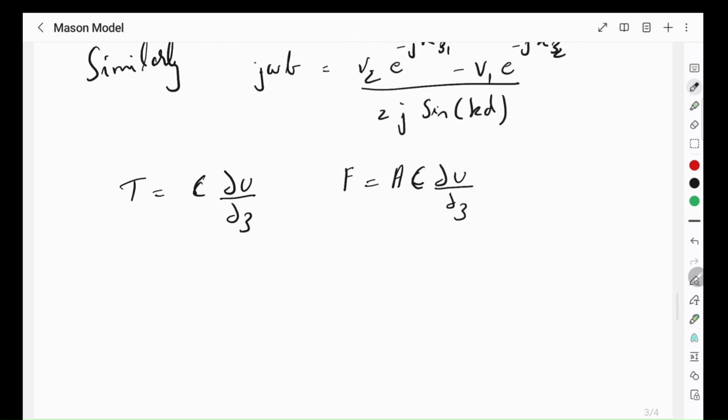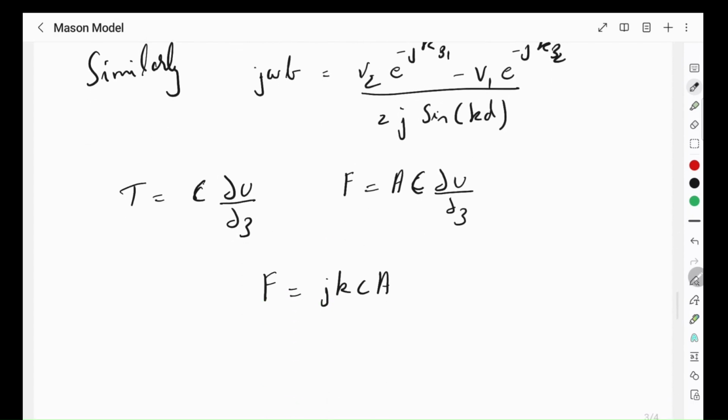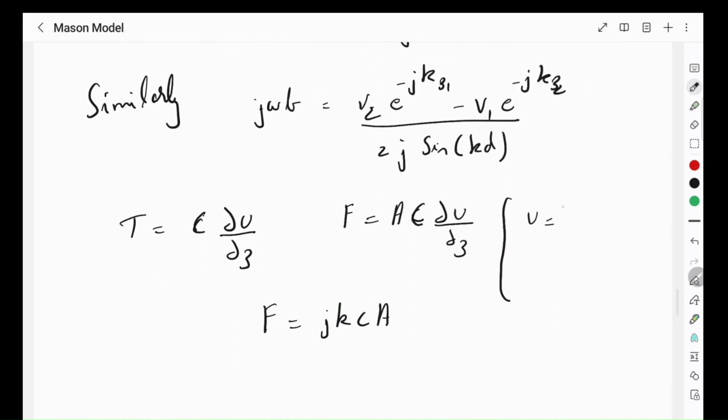So force I can write as j k C A. Where did I get it from? Here you know that u, we have solved it before also, we have written displacement in terms of the forward propagating wave and the backward propagating, left traveling wave.